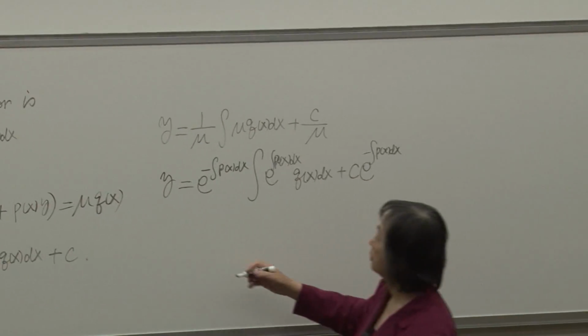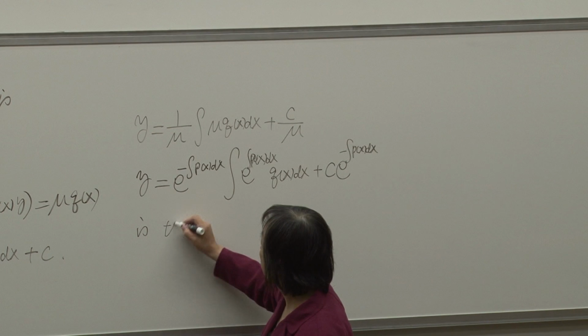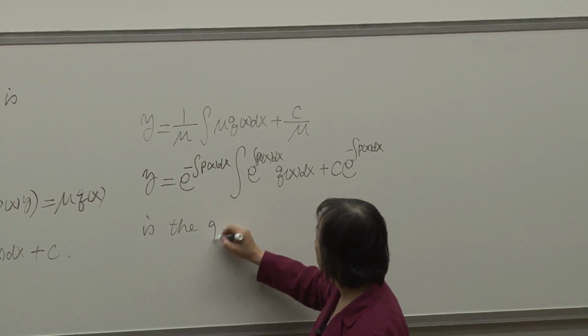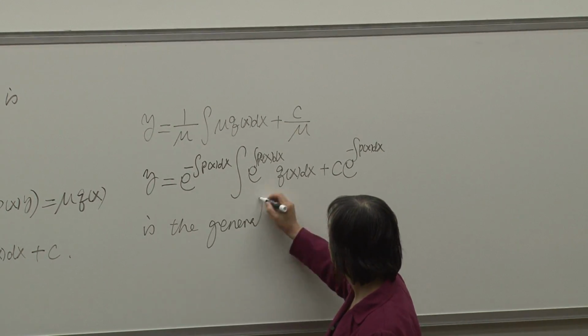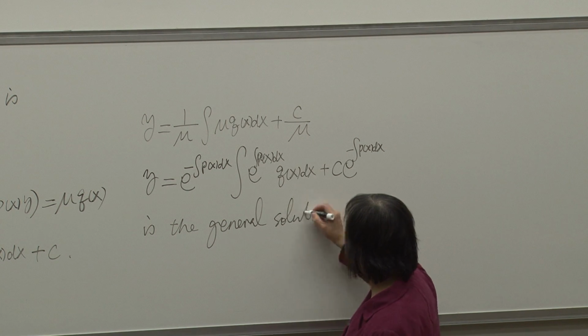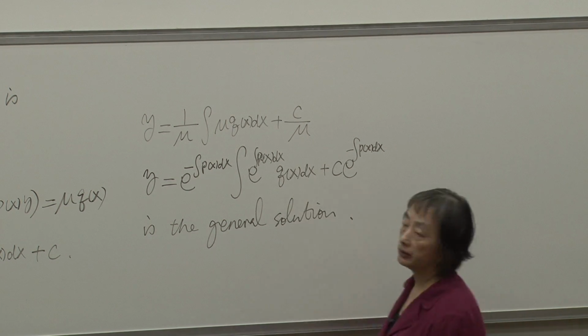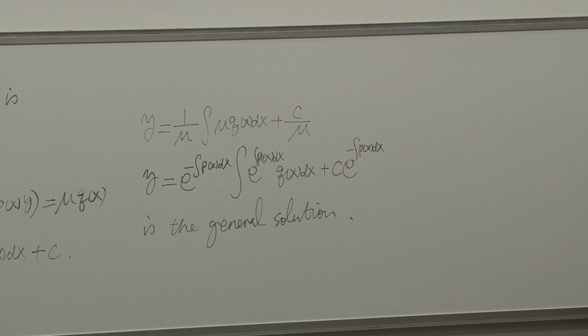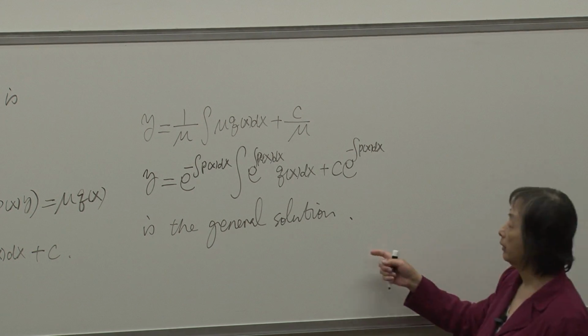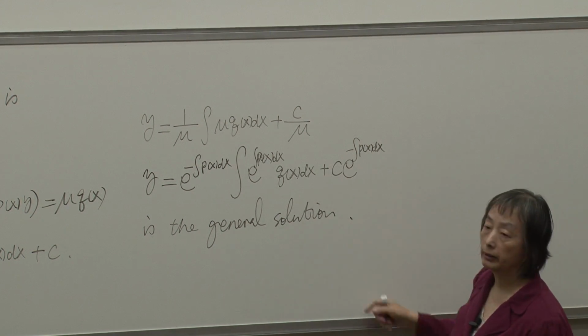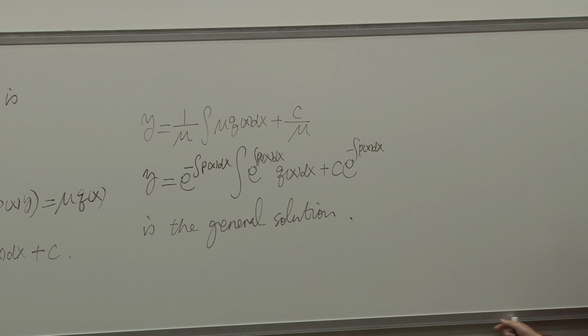And this is the so-called general solution. This is the general solution to the linear equation. We can use this expression to find the solution to any initial value problem.